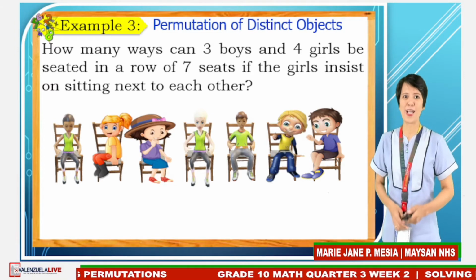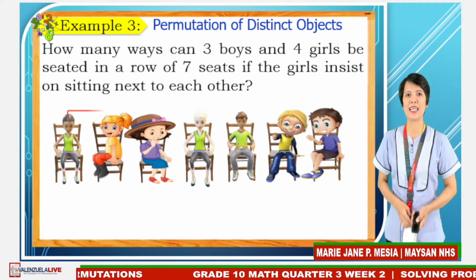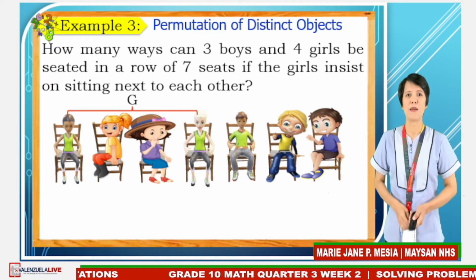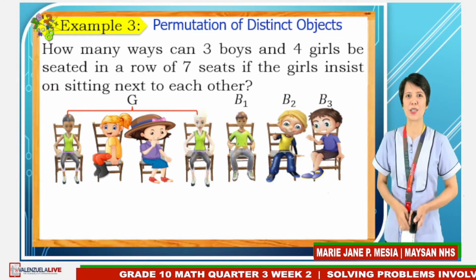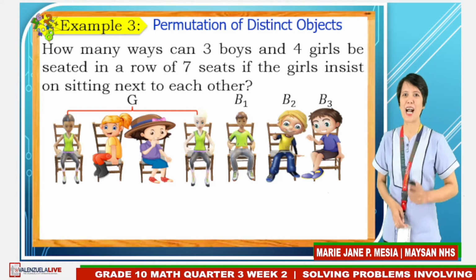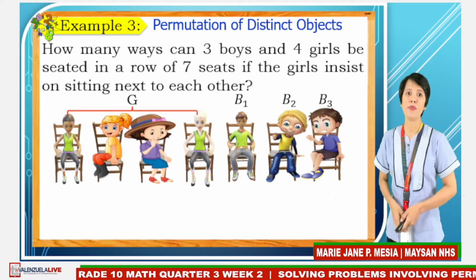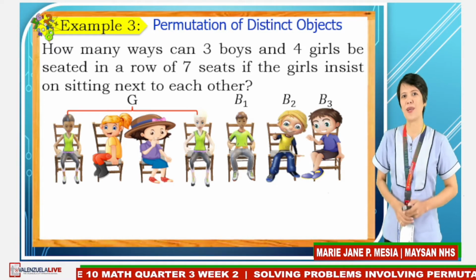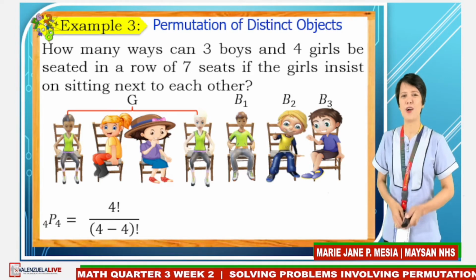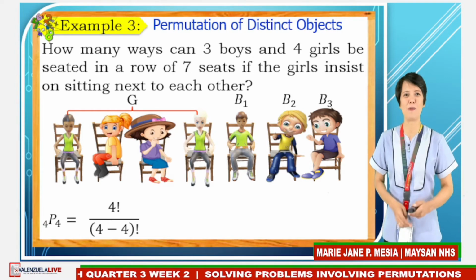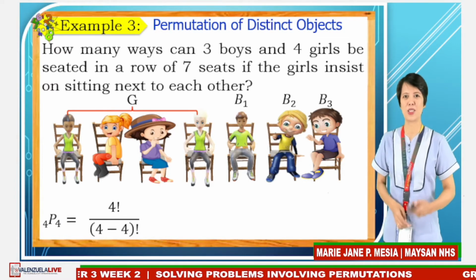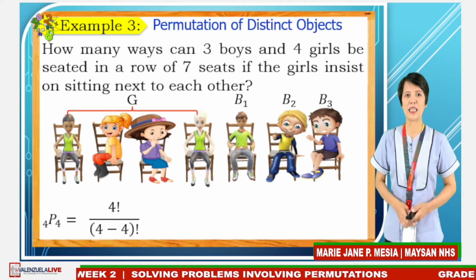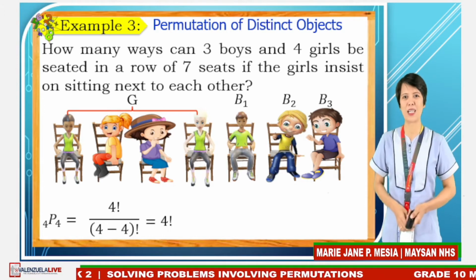Thus, the arrangement you will consider is G or girls, B sub 1, B sub 2, B sub 3, where G is the group of girls which is counted as 1. So therefore, in that situation, the formula is 4 permute 4 is equal to 4 factorial divided by the quantity of 4 minus 4 factorial. Simplify the denominator, we have 4 factorial.